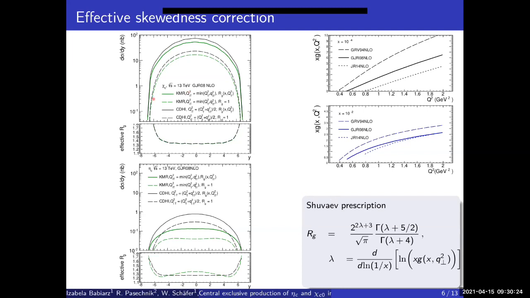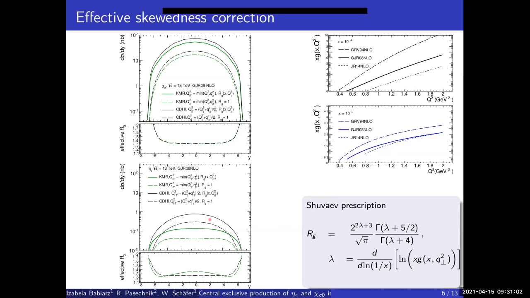On the plot on the left, you can see the distributions for chi_c in rapidity, and we applied the gluon GJR from 2008. As we can see, this effective skewedness factor is a little less than 1.4, but at large rapidity and at small rapidity it is not the rule.